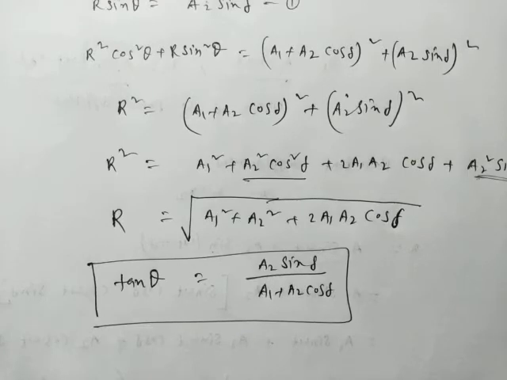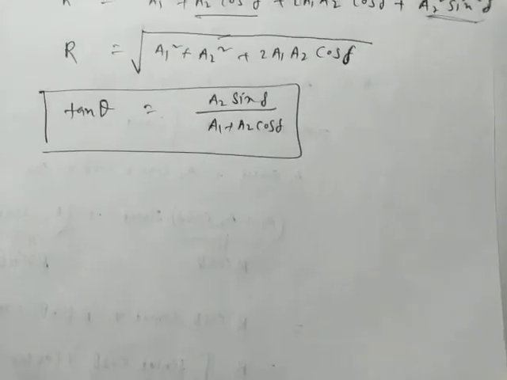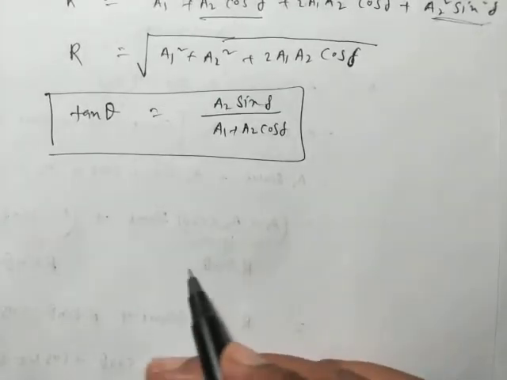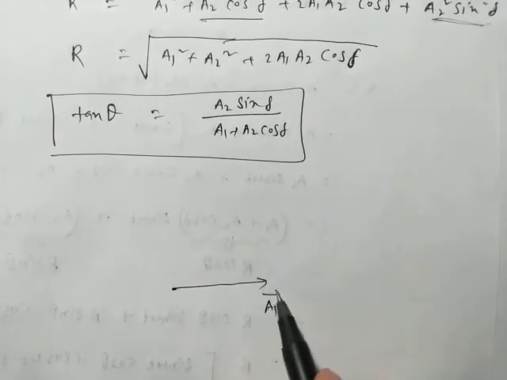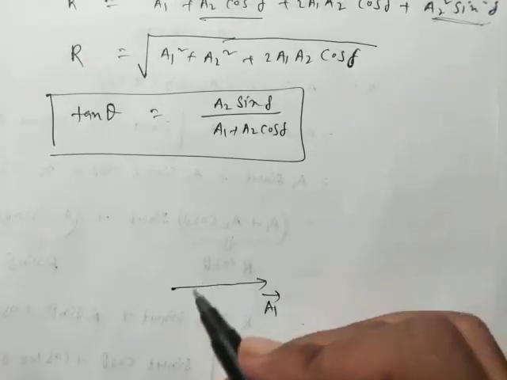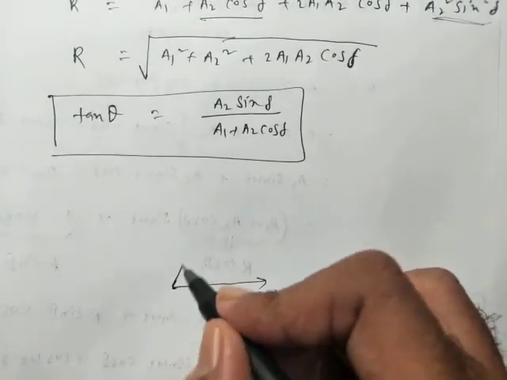Now the expressions are well known to us. These are the expressions of vector addition. So we can think of the amplitudes of these two SHMs in a vector diagram like this. Amplitude is a displacement, so we can treat it as a vector quantity. Let me take this as a1 and this as a2.